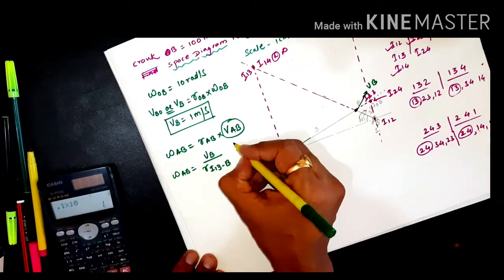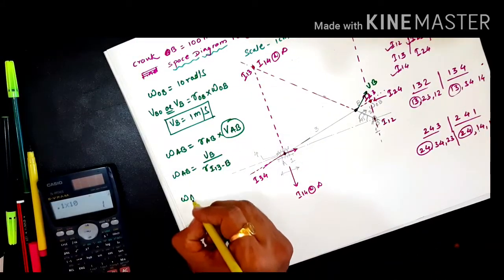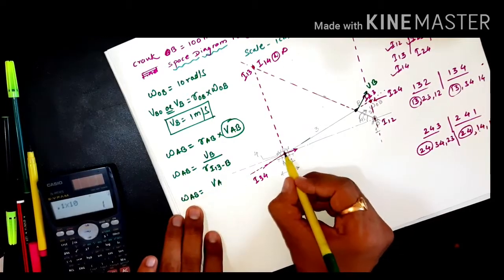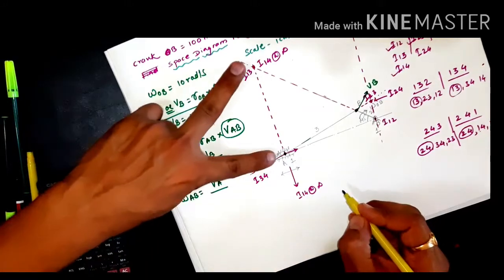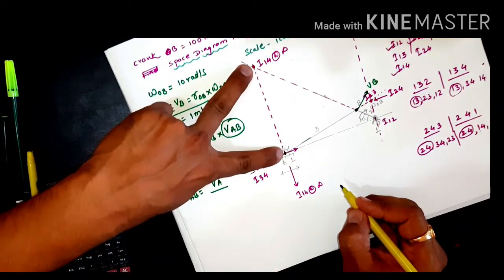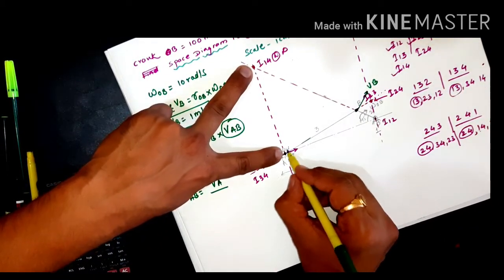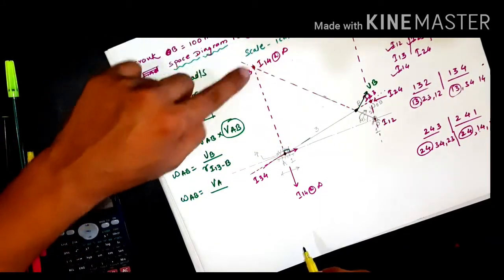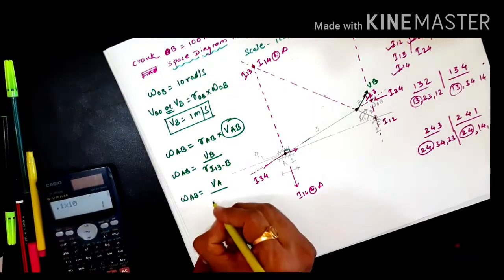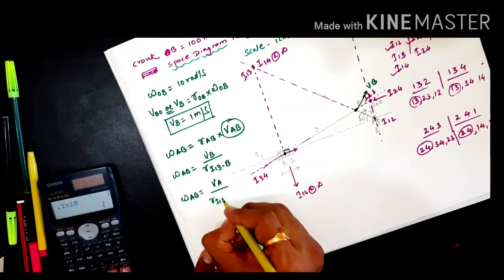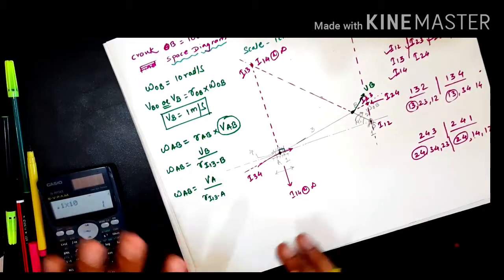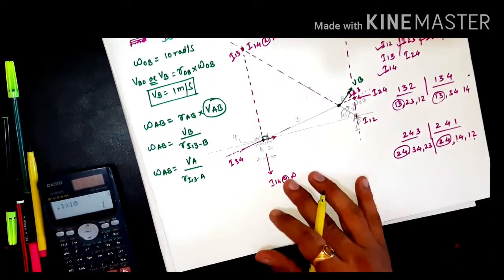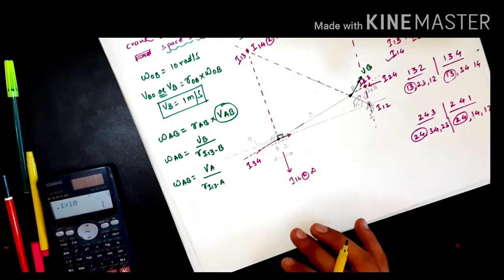Or you can also calculate omega AB as VA divided by the radius at which this VA is moving on this link AB, so this is the I center, radius I13A. I'm going a little fast because we have already discussed this topic in detail in the previous video.